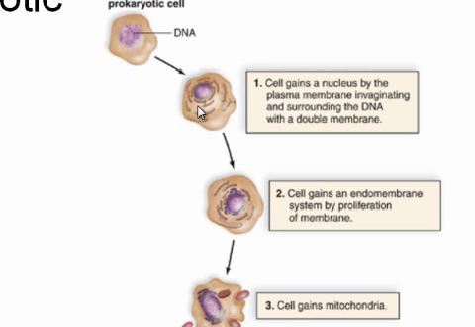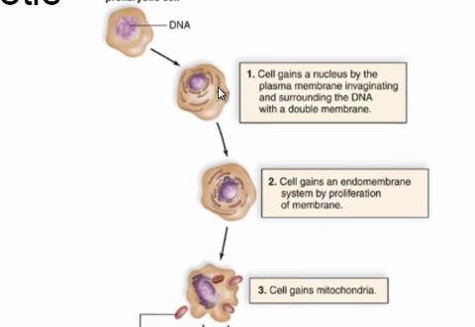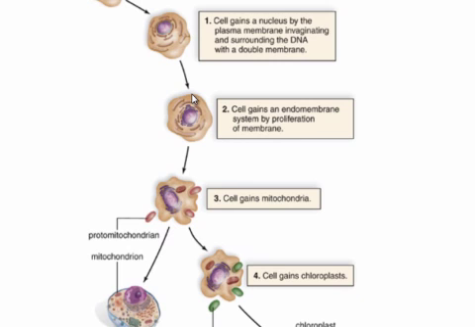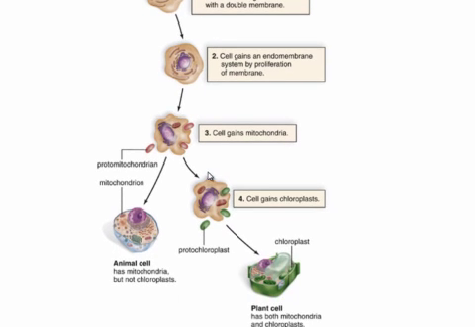This created the nuclear envelope, and so these cells now had a nucleus. And then a theory called the endosymbiotic theory suggests that larger cells may have engulfed smaller cells, and this may have given rise to the mitochondria, or in other cases to the chloroplast.